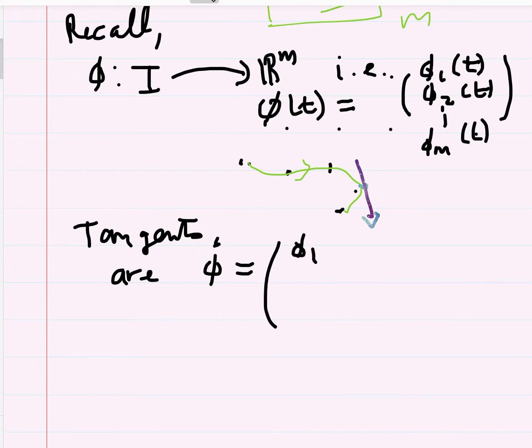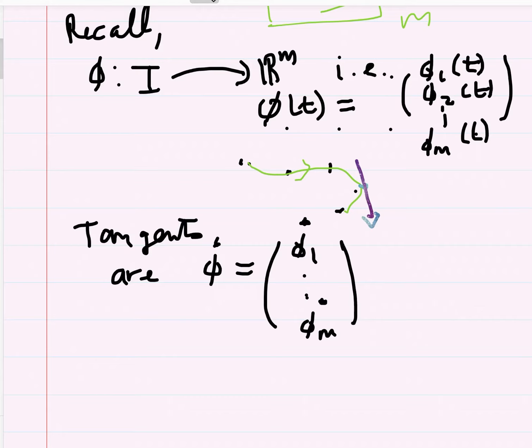So you differentiate each coordinate, phi 1 dot, etc., until you get phi m dot. So for a specific value of t, phi of t will give you a point, and phi dot at that value of t would give you the tangent at that point.